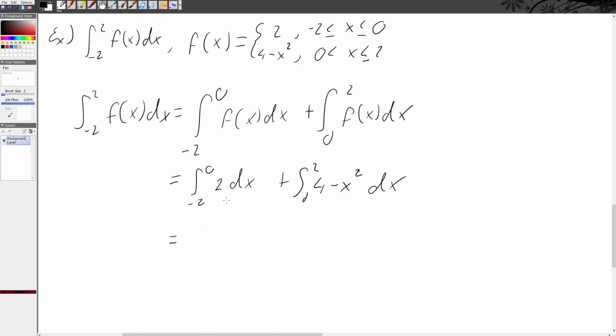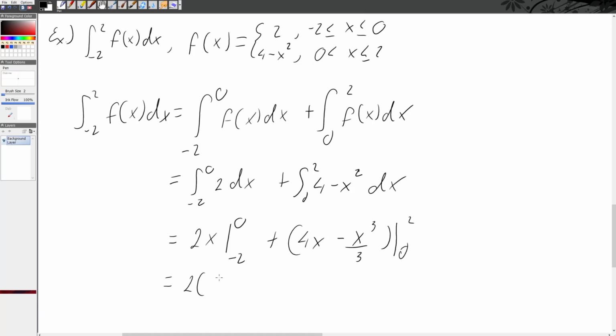Then we find the antiderivative. The antiderivative of a constant is just going to be the variable, in this case 2x, evaluated from -2 to 0. Plus the integral of 4 minus x squared is going to be 4x minus x cubed over 3, add 1 to the exponent divided by the new exponent, evaluated from 0 to 2.